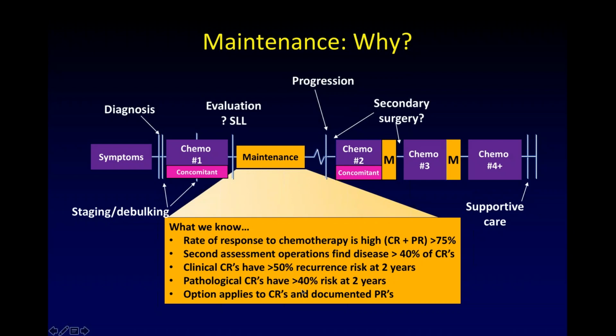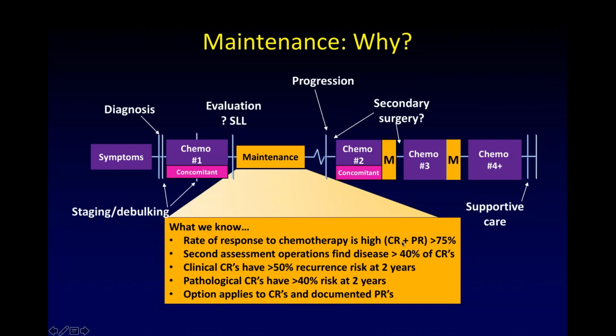You can see that complete responses and partial responses, which are not complete but definitely show a decrease in tumor volume, happen in about 75% of patients. And it's interesting that for patients who've never seen chemotherapy before, this 75% response rate happens here and it happens here. So it can happen not only after primary chemotherapy but also in recurrence.